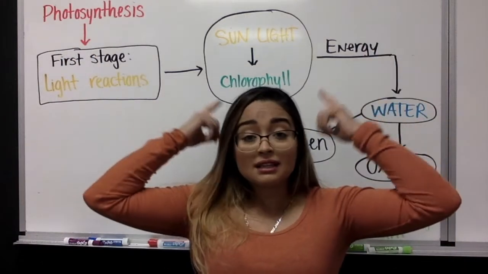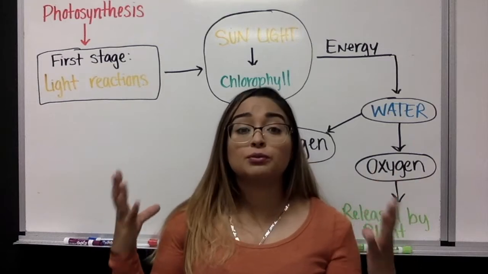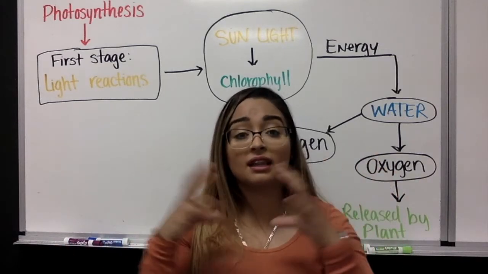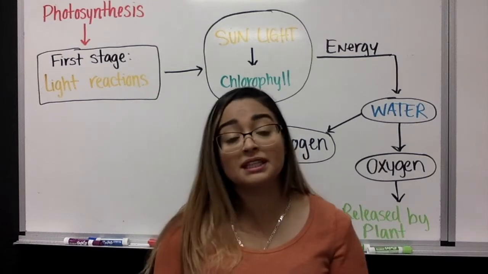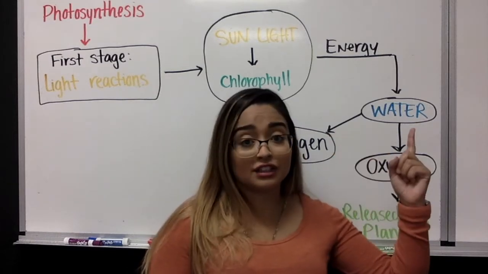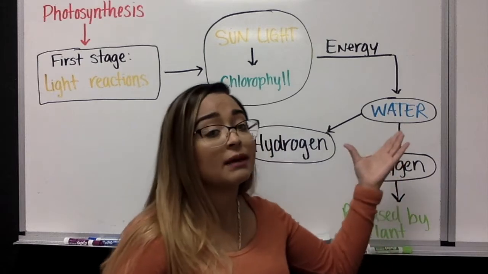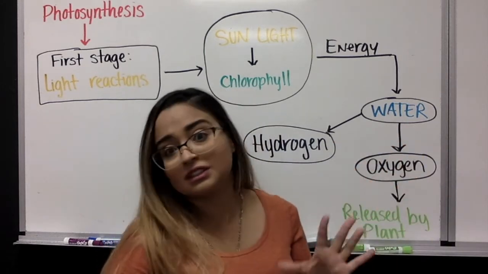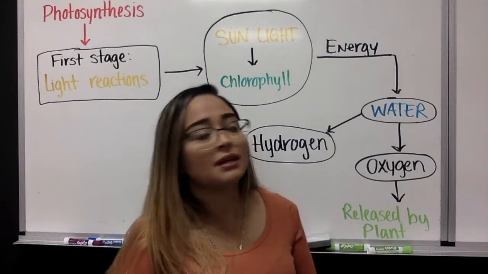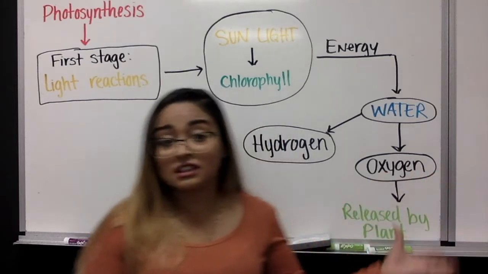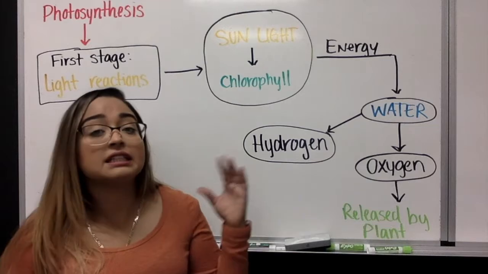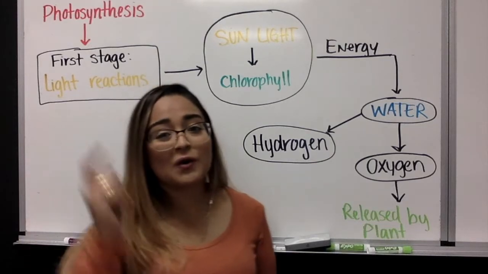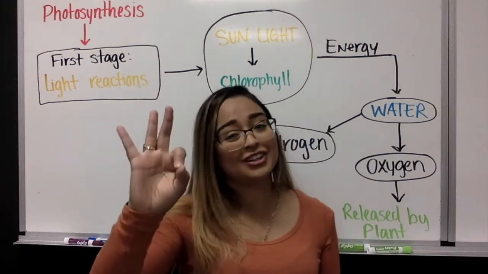So the chlorophyll pretty much is a green pigment, and what it does, it traps the sunlight. So it collects the sunlight and transforms it into energy for the plant to be able to decompose the water into oxygen and hydrogen, which is what it does, it just splits it up. And then the oxygen is released by the plant, and hydrogen leads us into our second stage, which we're going to go over now, which will answer our third question.